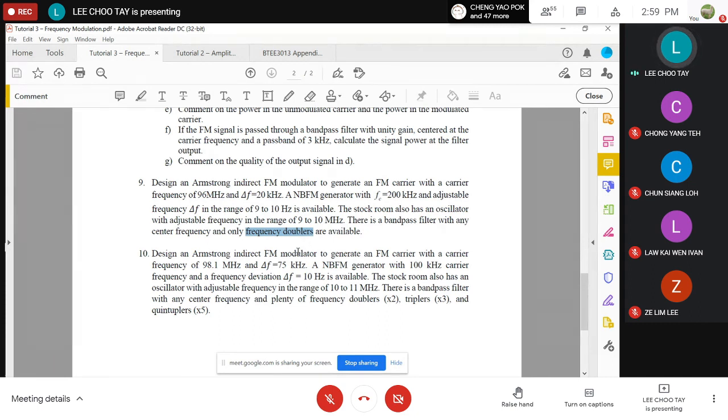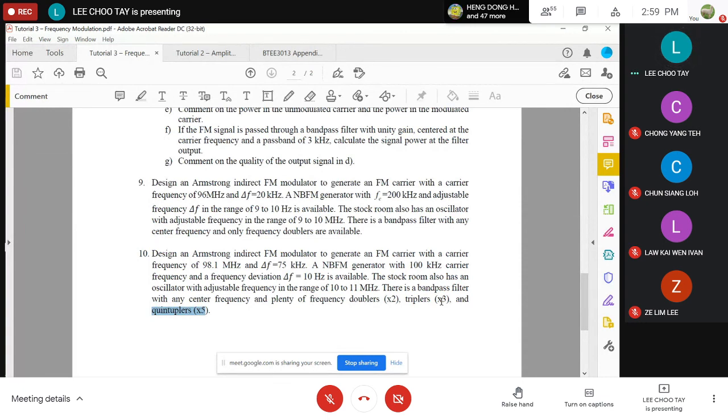About question 10, you can use frequency doublers, triplers, and also quintuplers, which is times 5. So you can mix. Meaning if you need to multiply the frequency by 10 times, then you use one doubler with one quintupler. 2 times 5 will give you 10.